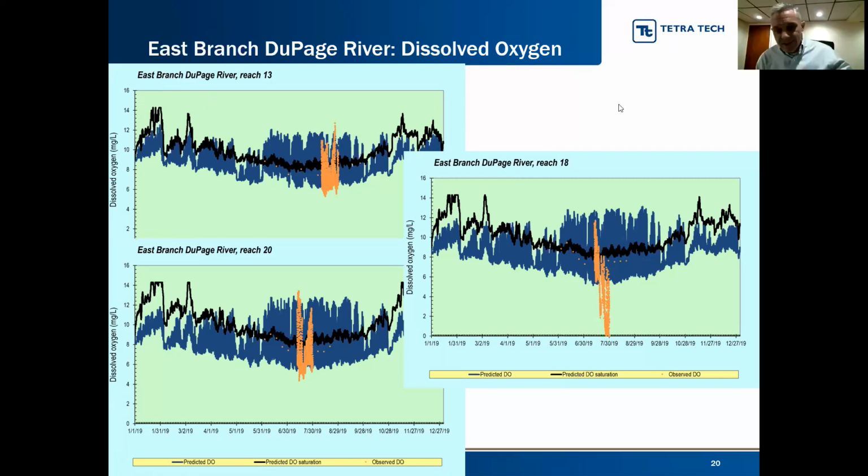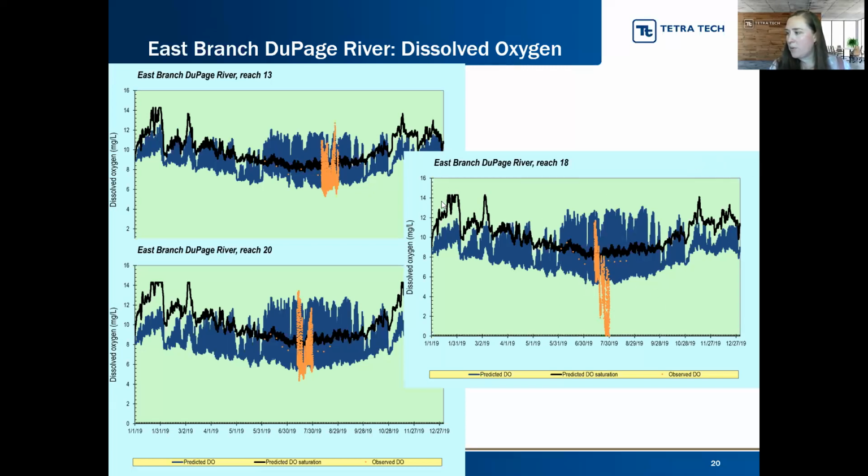And then the blue is the modeling of that. And as we can see, often we're looking at maybe 150, 200% saturation, which is possible, of course, in water, but that is a sign of what we would classify as excessive chlorophyll A. So we're getting respiration in the streams and we're getting this DO plunge. So a very high DO in this particular condition is not necessarily a good thing from a water chemistry point of view. Yes, yes.